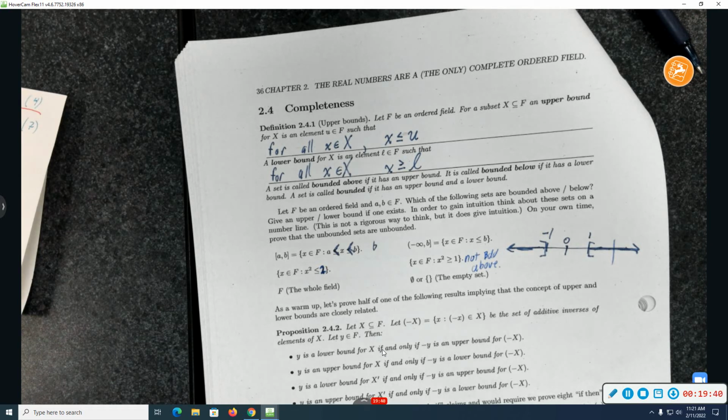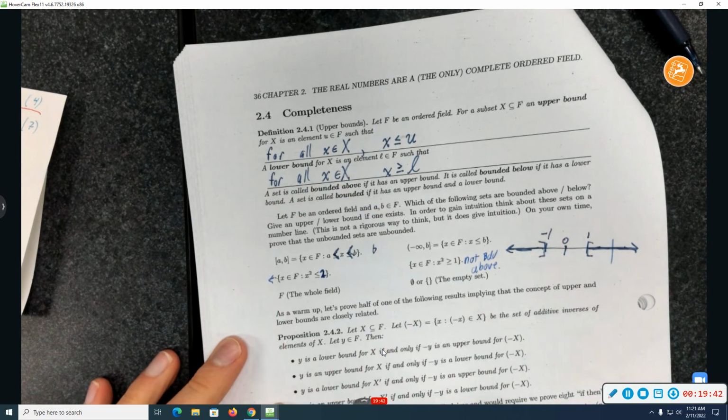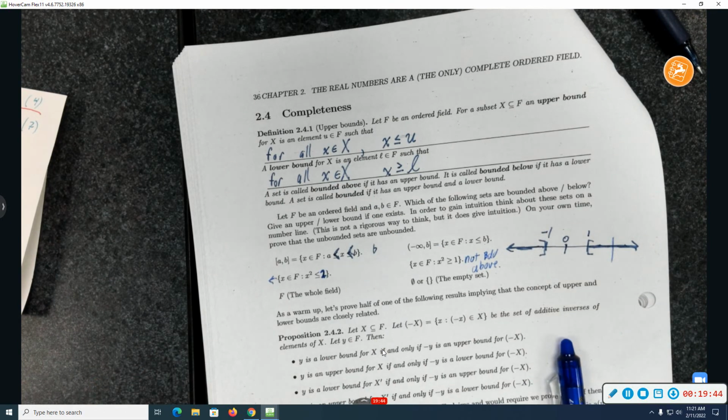Well, let's talk through. Let's go up here. What is an upper bound on this set?